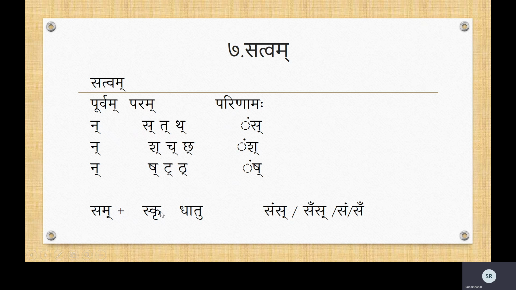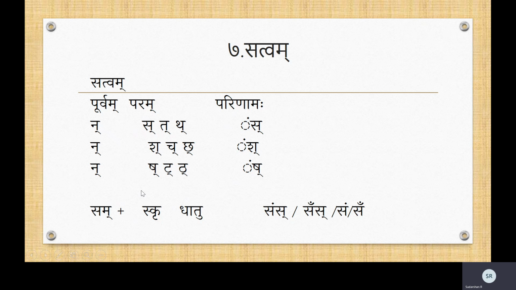Whatever its declensions are, it could be derived into skara, skriti, skritam, skaraniya, all of that. It can be any of the derivatives of the skru dhatu. Then, no, this sum is not any other word. It is the familiar upasarga, the prefix, the avyaya prefix called the upasarga, which one of them is the sum.